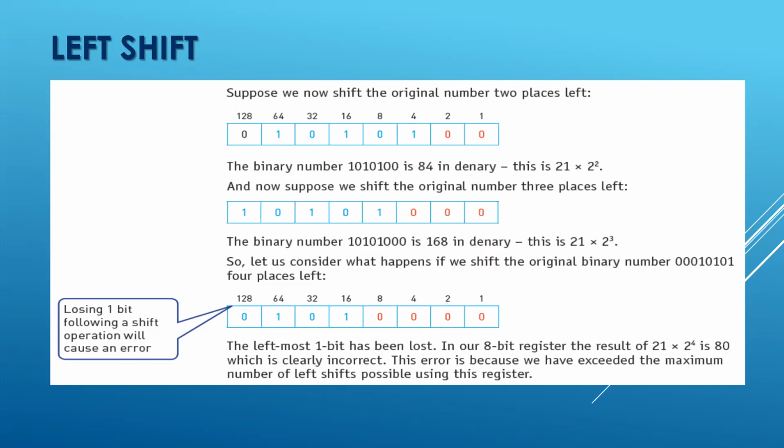Now let's move on to, if the same byte, 00010101, is asked to be shifted 3 places to the left. So what will happen? Yes. What comes to your mind? What will happen now? Yes, correct.